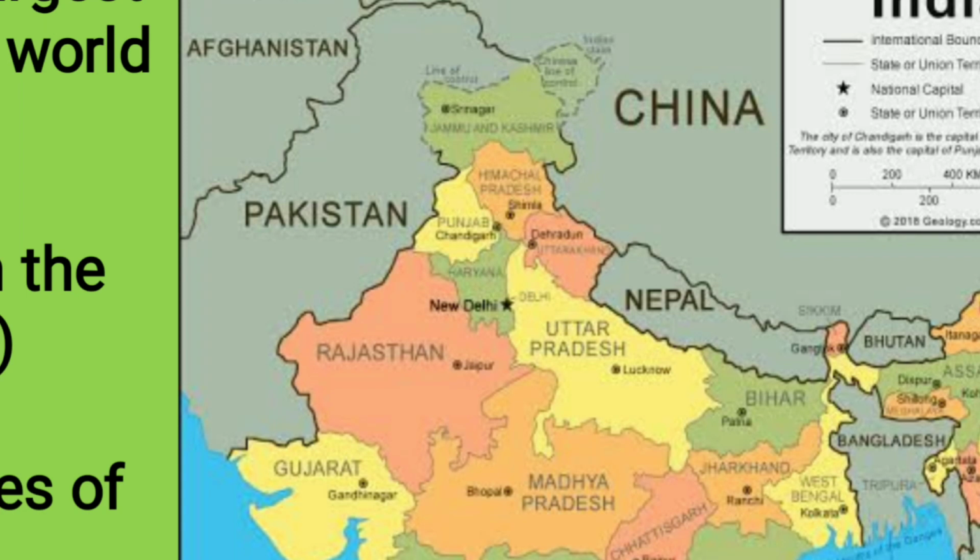Now coming to the boundaries, the southern portion of India is surrounded by sea, and the northern portion of India is surrounded by what? Other countries.